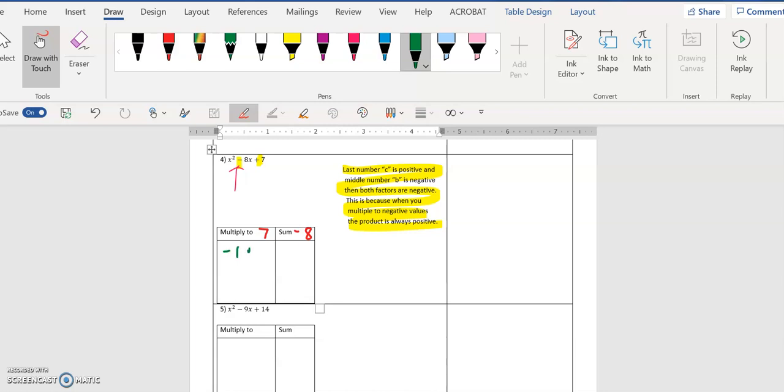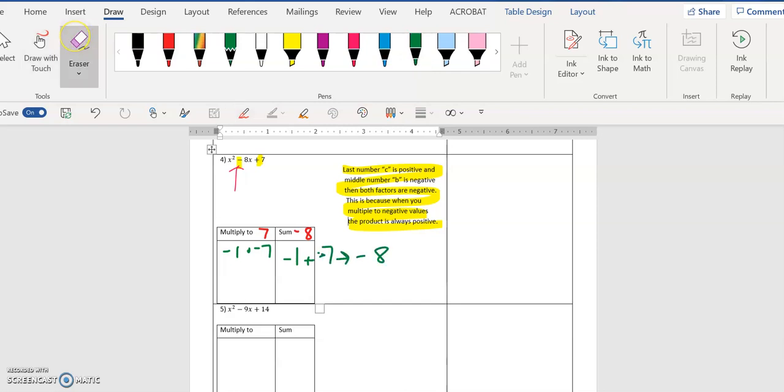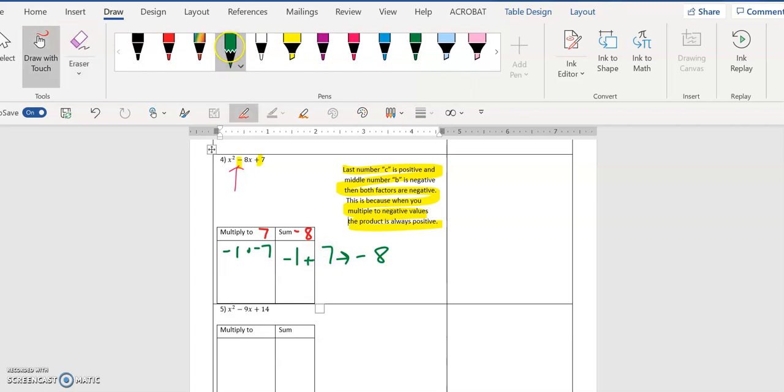We have negative 1 times negative 7. That's it. 7 is prime, so our only options are really 1 and 7. Negative 1 plus negative 7 is negative 8. So our numbers are negative 1 and negative 7.